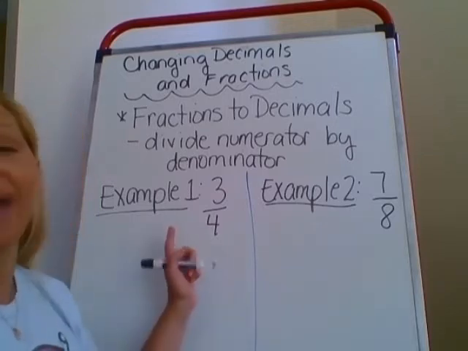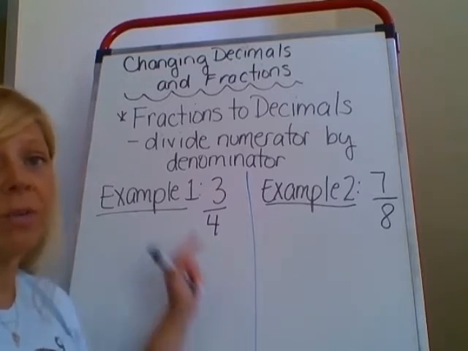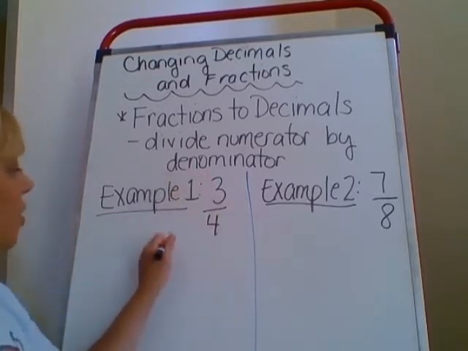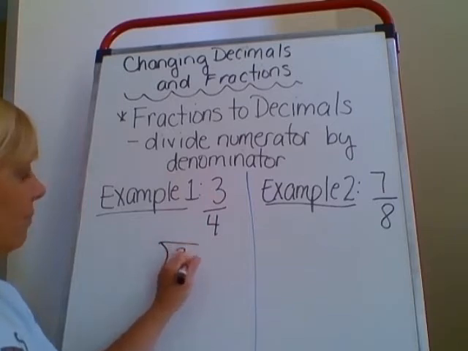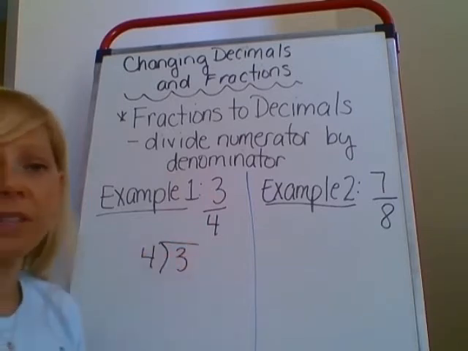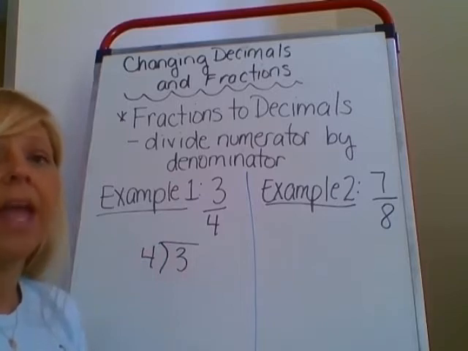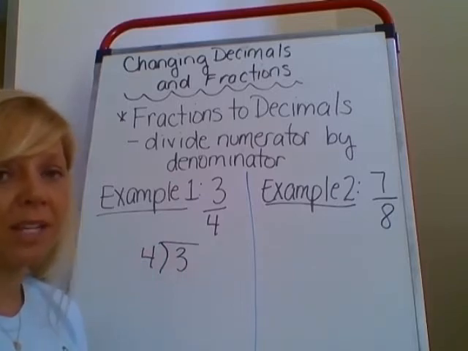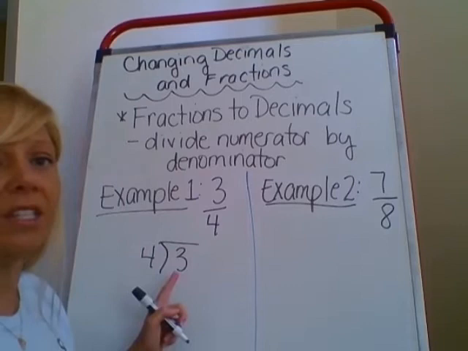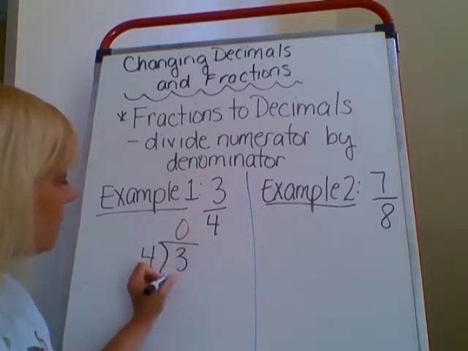So example 1, if I have 3/4, I'm going to take 3 and divide it by 4. So my 3 is going to go on the inside and my 4 goes on the outside. My numerator is being divided by my denominator. And then I go through my long division process. 4 goes into 3 no times.